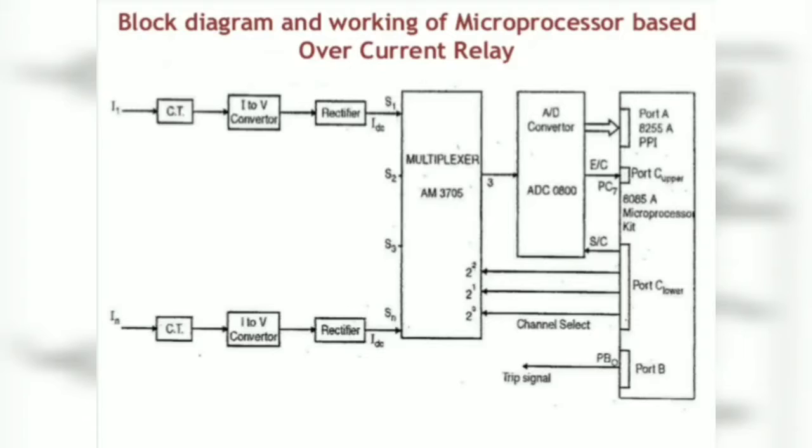So in this figure we can see that the microprocessor 8085 kit is used, by giving the A to D converter from port A by using 8255, and the channel selected as port C. Trip signal is coming out from port B. So the AC voltage proportional to the load current is converted into DC through a precision rectifier.